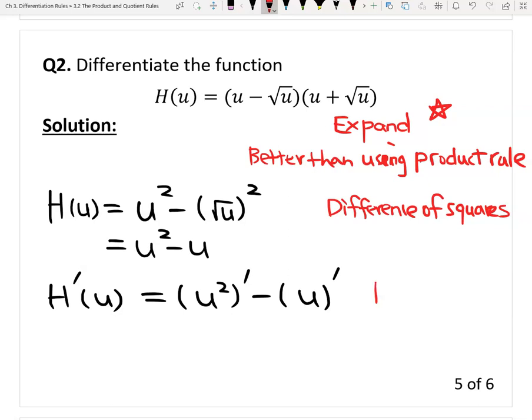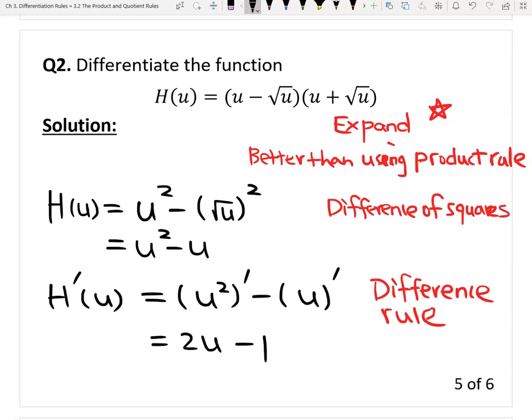So what do we use? We use the difference rule of derivatives. And then what do we have? We directly have the answer already. What is the answer? Here we get 2 times u, right? Here we get 1, and this is the answer.